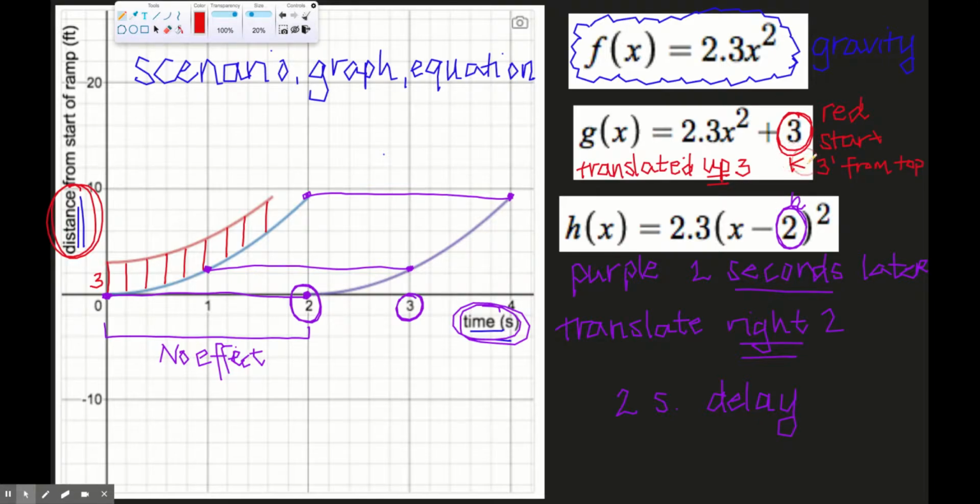This is k, and this acts just as it is. Plus 3 moves it up 3. So in general, this video should help us think about why h is being subtracted, but k is being added. For h, we have to change the sign to think about how it moves, and for k, we keep the sign.